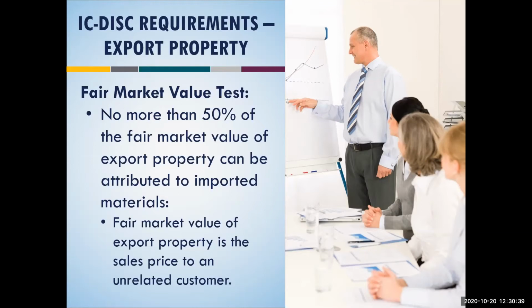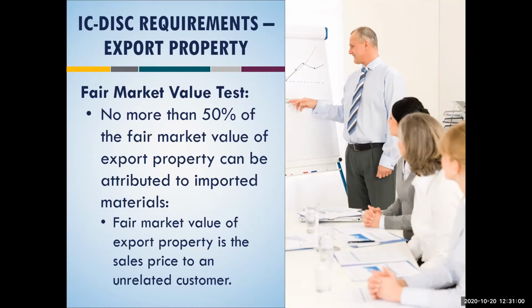So let's go back to that t-shirt example that we used a little bit earlier. Let's say you are importing t-shirts, or you're buying t-shirts that were previously imported, and you're buying those at a cost of $5 per shirt.